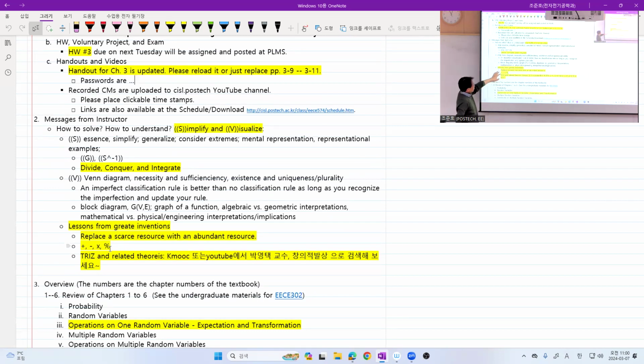Especially, I mentioned the lessons obtained from great inventions, and they usually replace a scarce resource with an abundant resource so that they could solve their problem without introducing too much cost. And sometimes they add two separate inventions to have a new invention. Sometimes they remove something to make it lighter, to make it less costly.